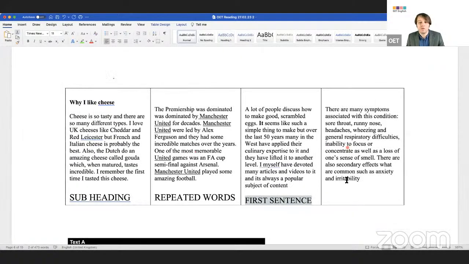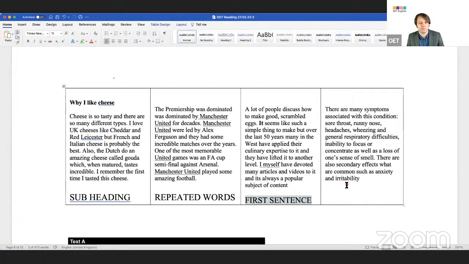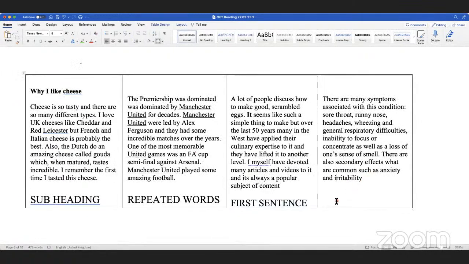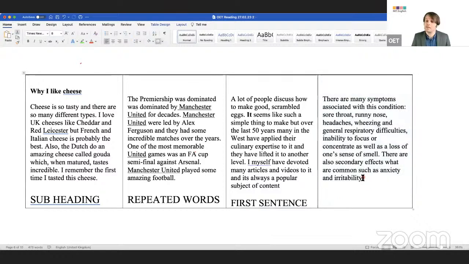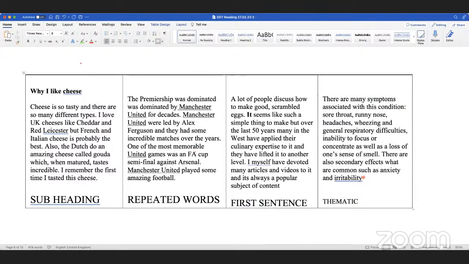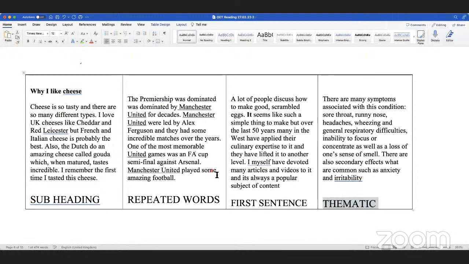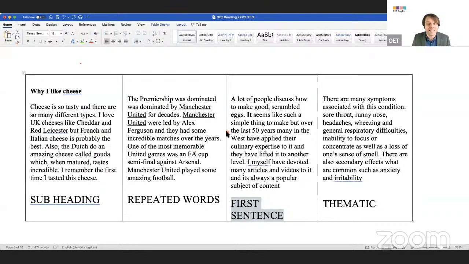The last one, what's remaining, guys? What have we not done? Thematic, okay? And what is the main idea of this? Symptoms. Okay. How do you know it's symptoms? Because there's headache, wheezing, loads of symptoms. It's easy, isn't it?